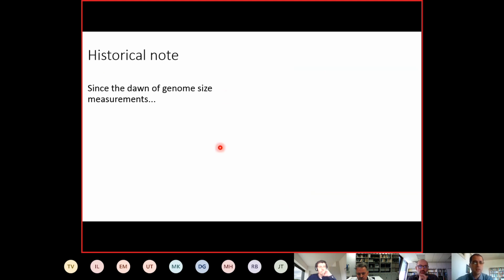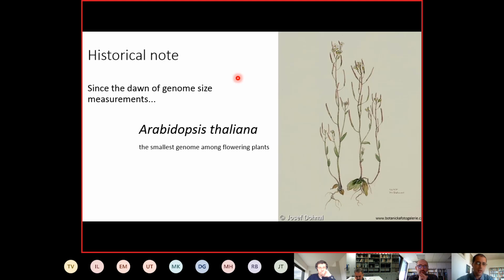One historical note should be mentioned here to clarify the relationship of carnivorous plants and genome size research. Since about the 1950s, when genome sizes started to be measured, for many years Arabidopsis thaliana was considered the species with the smallest genome among flowering plants.